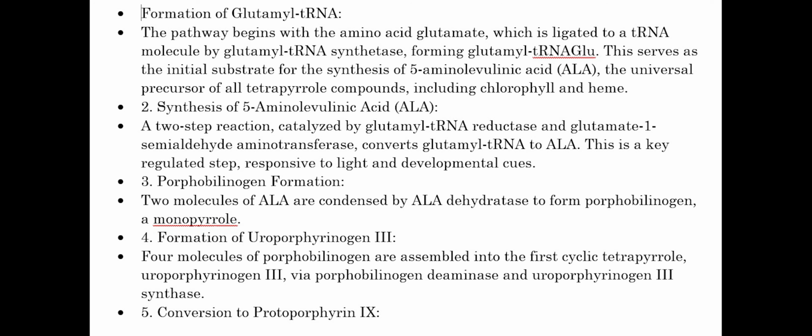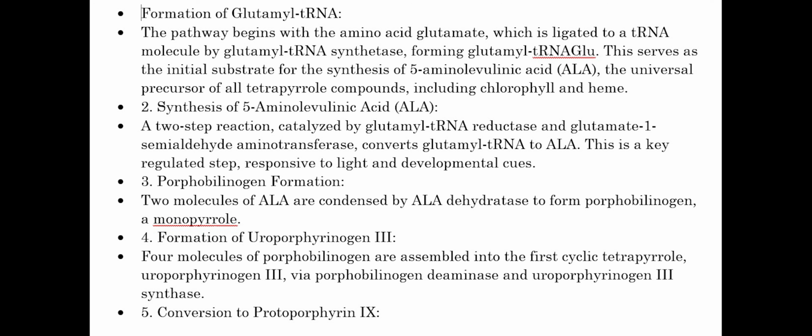The first one is the formation of a glutamyl transfer RNA. Now, the transfer RNA is like part of the DNA, and the DNA sort of spins off a chain of a gene, and it creates the transfer RNA.